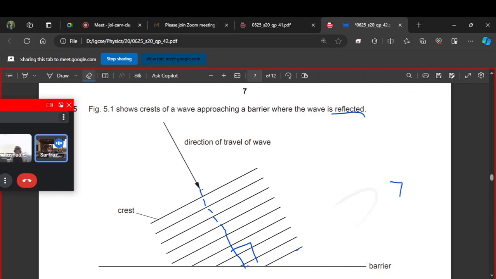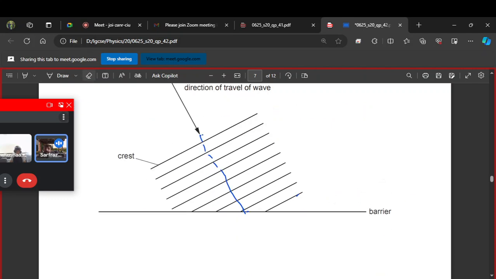If it is refracted, then you will first draw the normal. So this will be your angle of incident. Then it will depend upon the medium on the other side. If it is a denser medium, then it will bend in which direction?